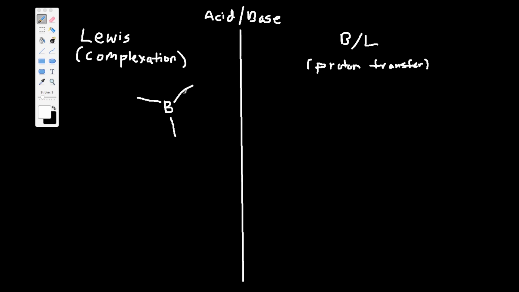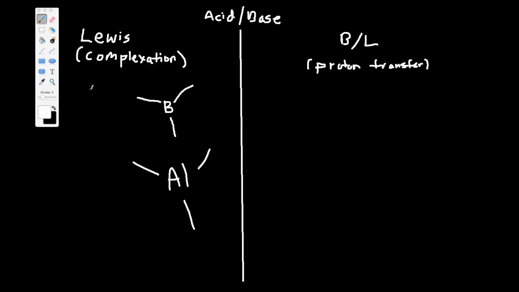See, boron is odd because it's able to take on having only 6 electrons in its valence shell. So that makes it a very good Lewis acid. Another example is aluminum. It's really anything that is in the boron group in the periodic table.